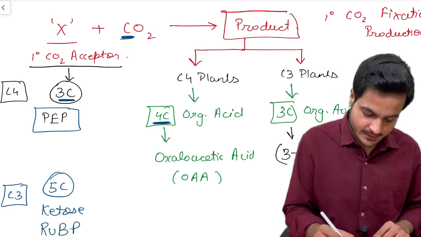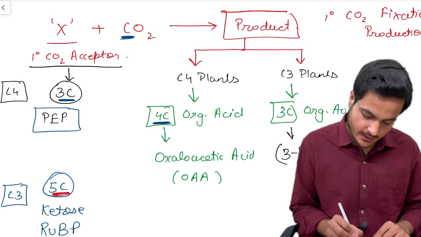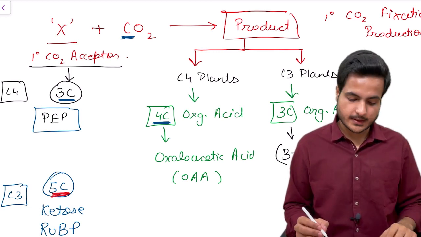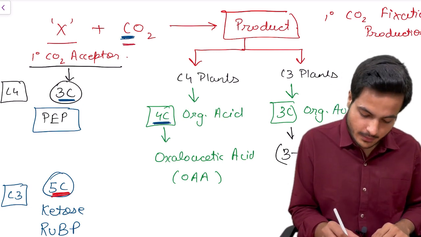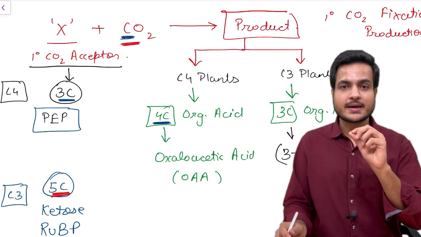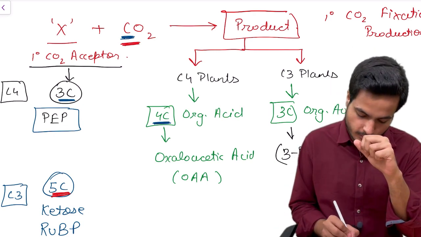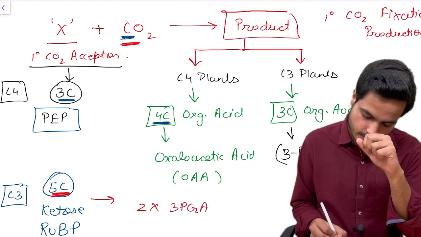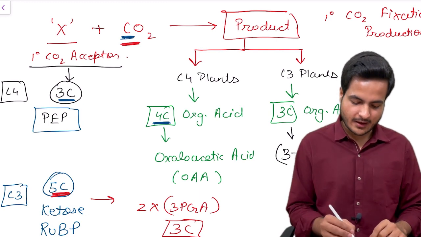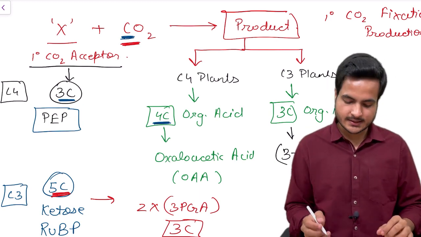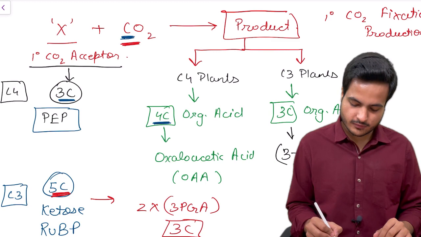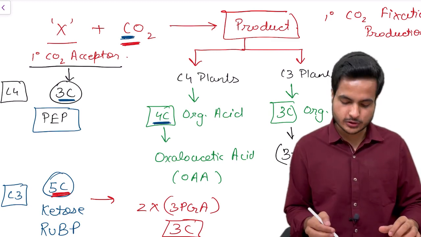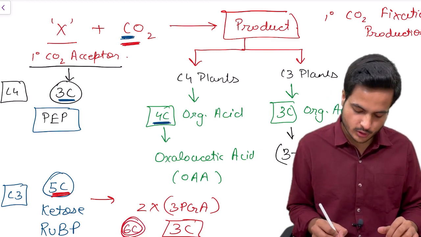So this 5 carbon keto sugar ribulose bisphosphate will combine with 1 carbon atom from carbon dioxide and lead to the formation of 2 molecules of 3PGA, which is a 3 carbon containing acid. Therefore we have 6 carbon, 5 plus 1 is 6, and here we have double the amount of 3 carbon molecules, that is also 6 carbon in total.